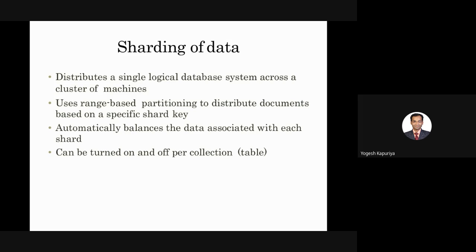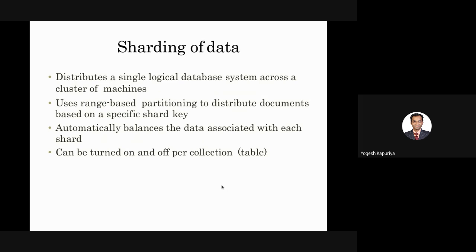It's like clustering, one group on one node, another group on another node. So from an application perspective, you can easily optimize the application performance. That is another feature, and it can be turned on and off per collection.